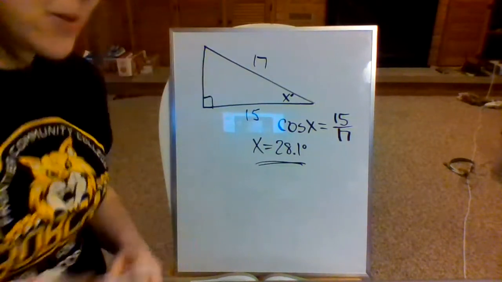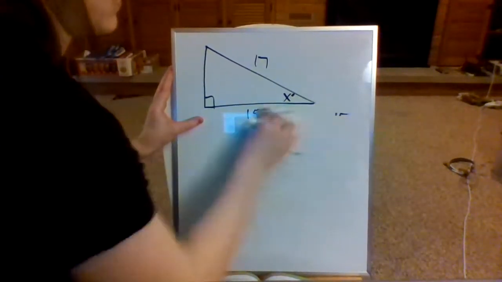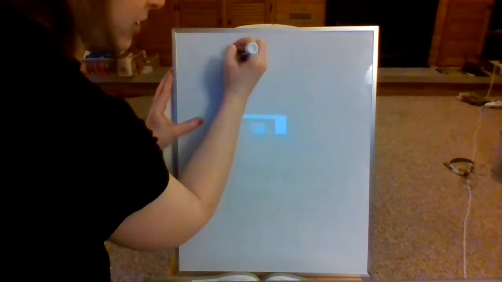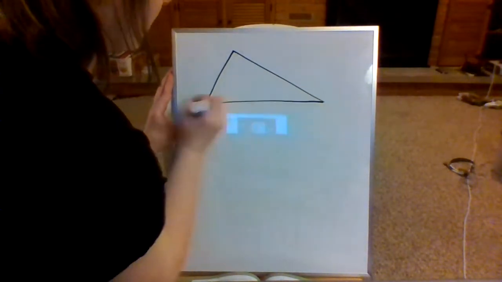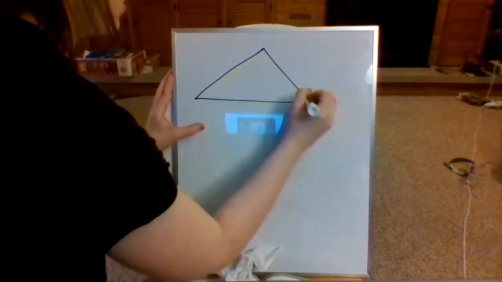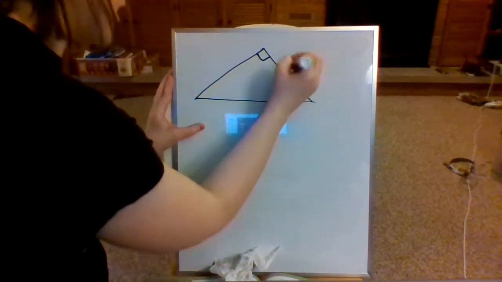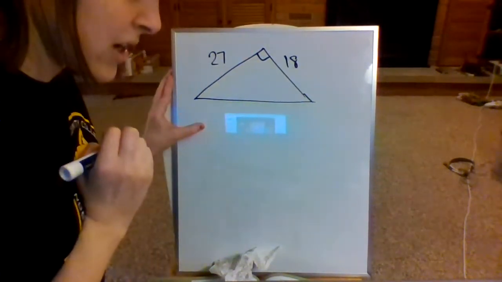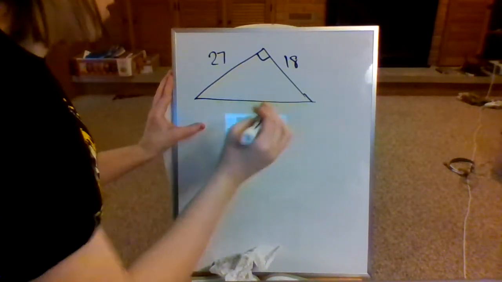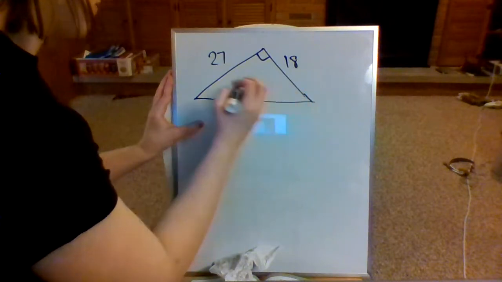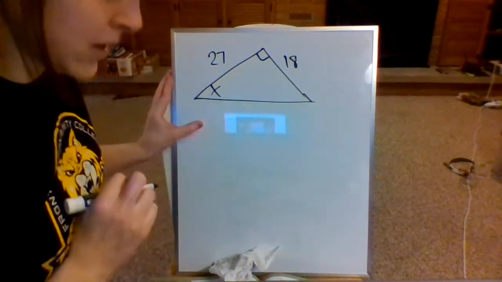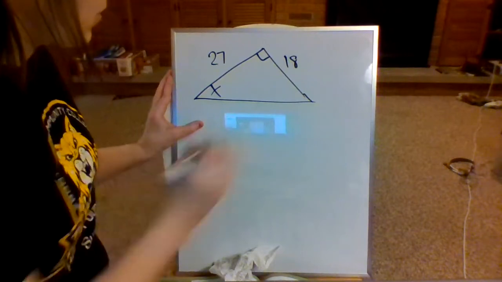Okay, so we got one last problem. Okay, this triangle looks like this. The right angle is up here in this corner. We've got, oh, sorry, drew it backwards, hang on. Like this. Okay, so this side's 18, this side's 27, and the x is here. Okay, so what sides do we have this time?